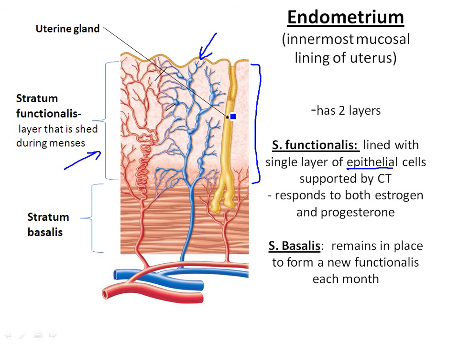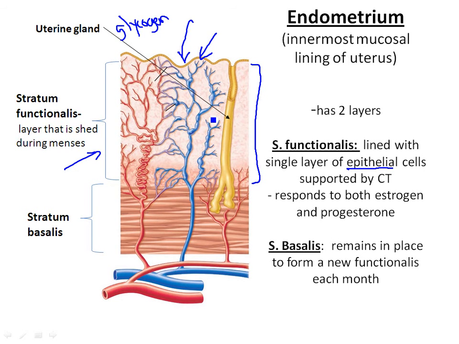You also notice that you have this glandular tissue here, the uterine gland, and they're going to be producing secretions to help nourish a developing embryo. So they produce glycogen for an embryo that might land here and try to implant. The purpose, of course, is to provide a nice nutritious setting for a possible embryo.